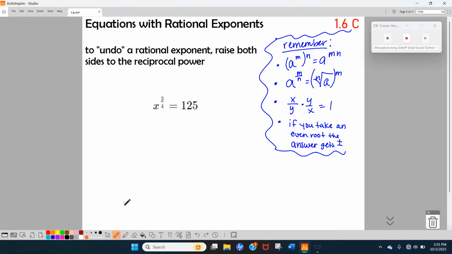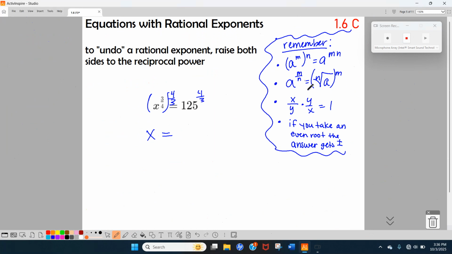All right, so like for this particular problem, the reason these are important is I need this idea to start with. If I raise this to the 4/3 power, we're going to multiply those exponents. And if I multiply reciprocals, I just get 1. So by raising to the reciprocal power, I can get rid of a fraction exponent. Well, on the other side, when I raise it to the 4/3, I need to remember that that means to do this.